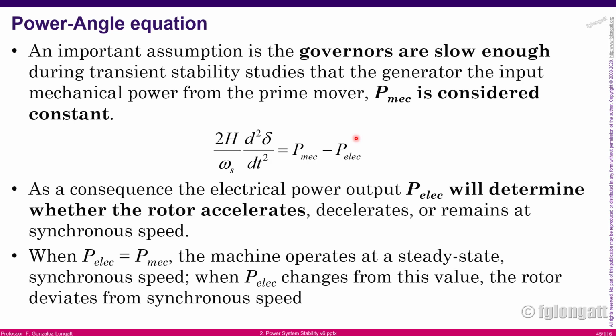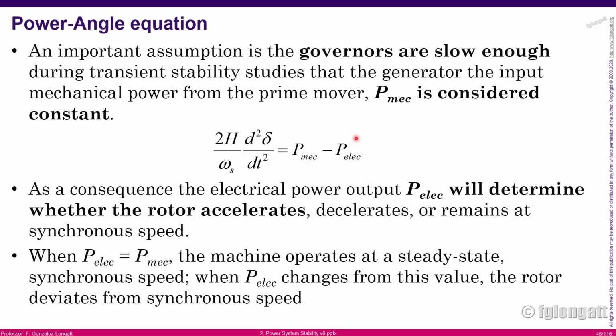What I'm trying to say is the governor is the controller that is acting on the mechanical power of your synchronous generator. The governor has many time constants inside, and what I am saying at the moment is when there is a short circuit, for instance, this machine, the phenomenon is so fast that those time constants of the generators don't allow the generator to respond inside the time frame that we are interested in.